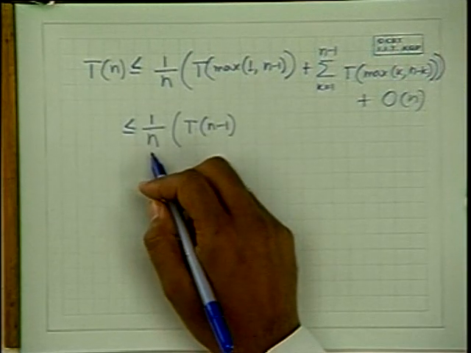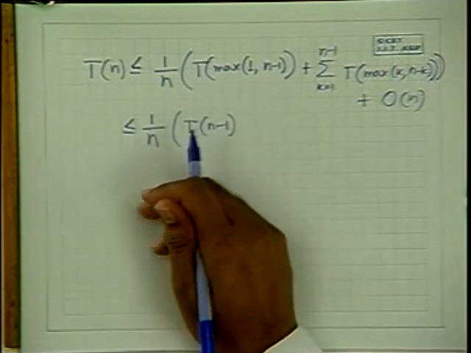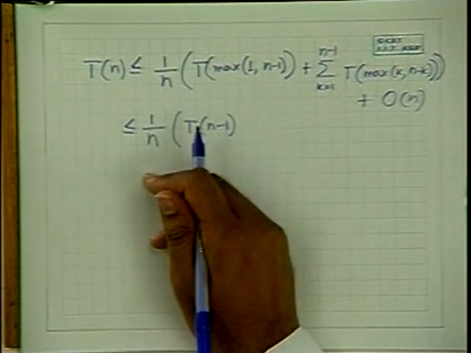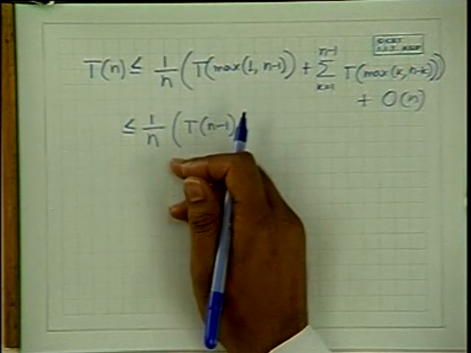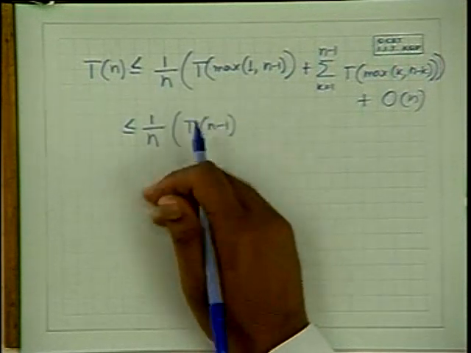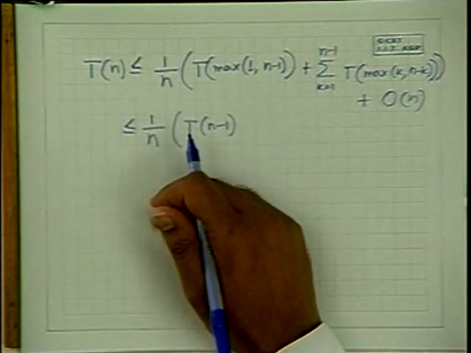N minus 1 is going to be greater than or equal to 1, because when n is small, I can always express this as some constant. T of 1 is some constant. I am not bothered about that analysis. I always know T of 1 is some constant. If you have only 1 or 4 elements, you can always do a brute force method to find the smallest or kth smallest. So I am replacing this, and it is always less than or equal to.